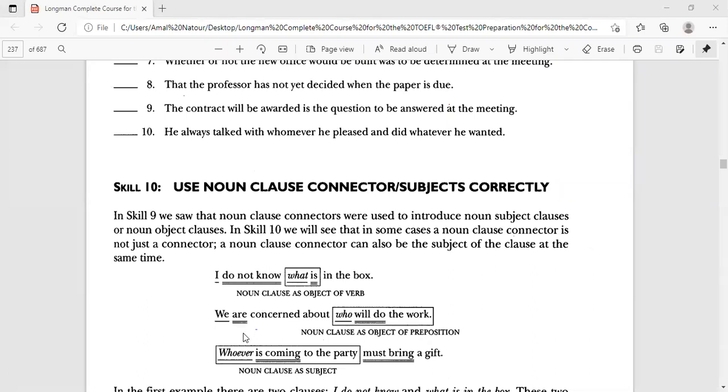مثال ثاني, when I say we are concerned about who will do the work, بقول we are, subject and verb. Okay, we are concerned. We subject and are concerned اللي هي الفعل. About حرف جر.